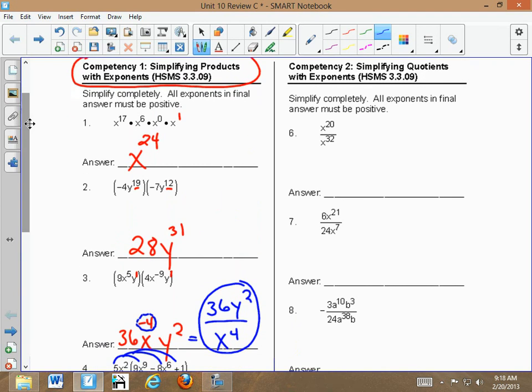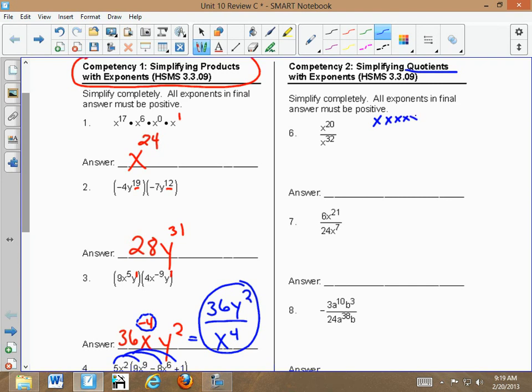Competency 2. Quotients. Quotients mean divide. So now we're going to be subtracting exponents or adding, depending on what the sign of the exponent is. So, I have 20 x's over 32 x's.